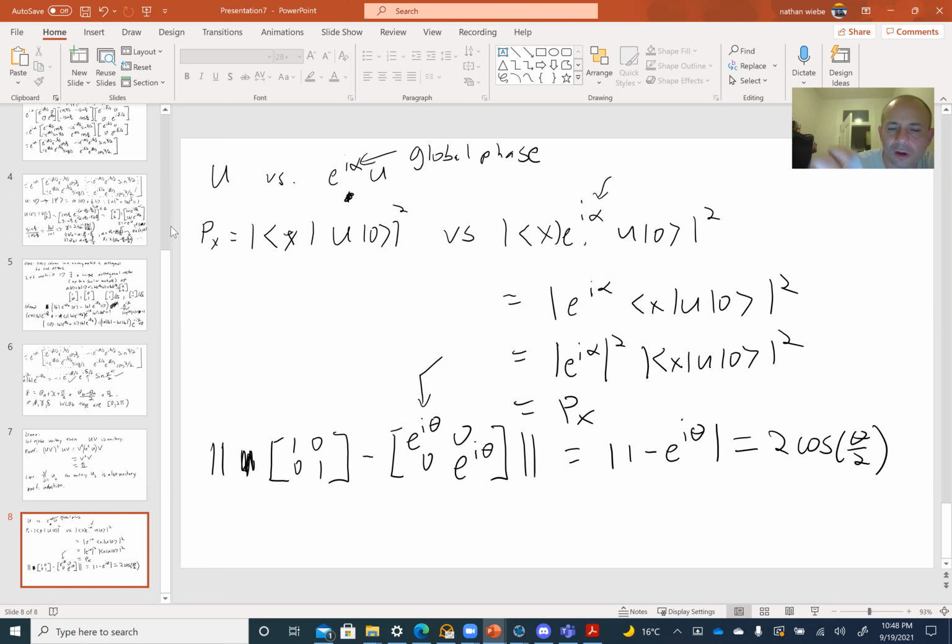And the same argument ends up holding for a quantum state, that the quantum state psi is equivalent to e to the I alpha psi. Because when you go through all of this, you'll see just the same that this extra factor of the phase doesn't matter one iota for computing the probabilities. So you'll hear me mention this term global phase from time to time, and that's all I mean.